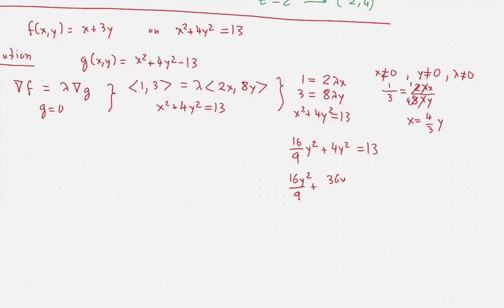And overall, this will give us 52y squared is equal to 117.